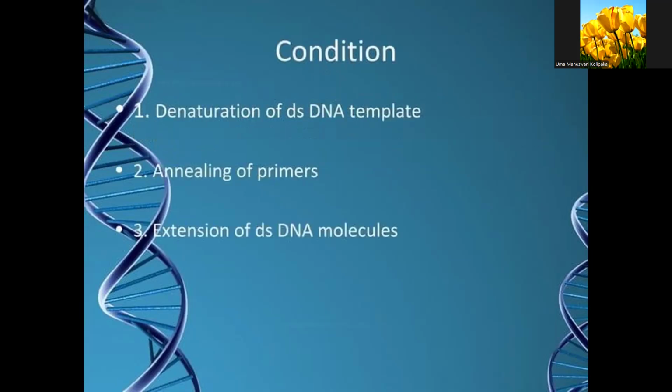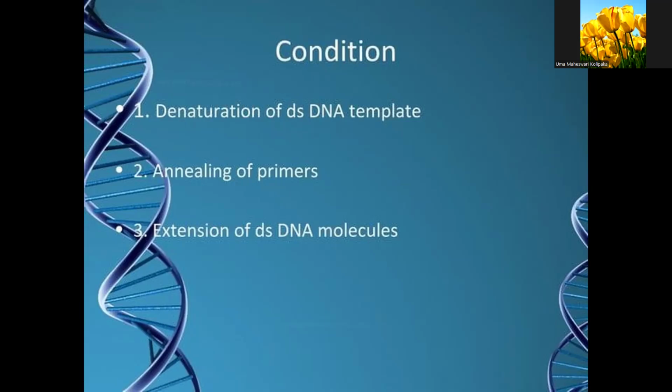What are the different steps involved in the PCR technique? Basically, there are 3 steps we come across during the PCR technique to get n number of copies of DNA. The first step is denaturation of the double-stranded DNA template.